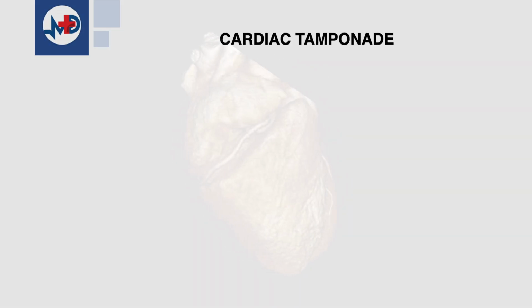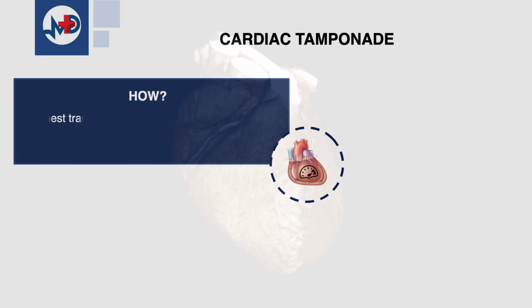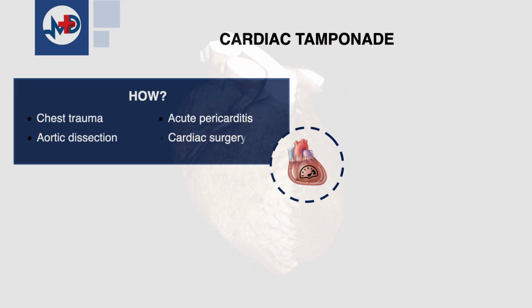Let's talk about cardiac tamponade, which happens when there is elevated intrapericardial pressure due to a pericardial effusion compressing the heart, especially the right ventricle. Its etiology includes chest trauma, aortic dissection, acute pericarditis, and cardiac surgery.